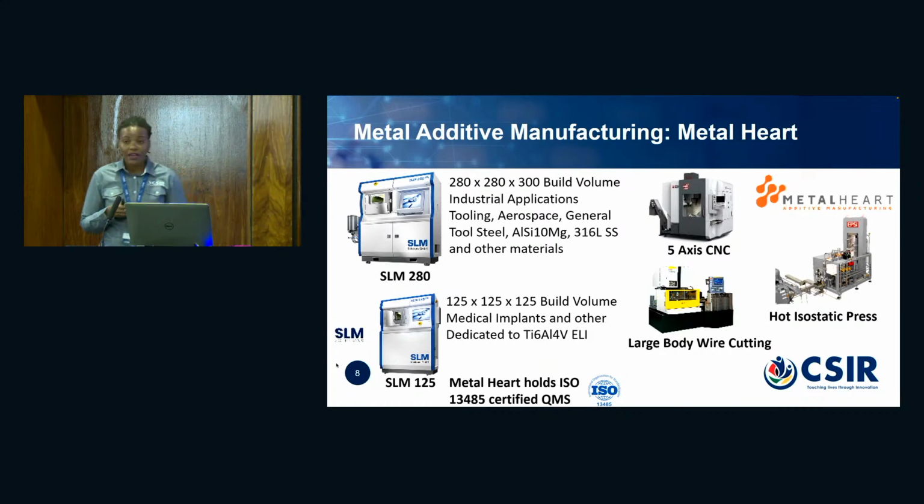They also have an SLM 125, which is a smaller one, solely dedicated to the production of medical implants, because you don't want any contamination there especially. They also have capabilities in machining, cutting and wire cutting, and heat treatments, which are post-process types of processes, in the hot isostatic press.